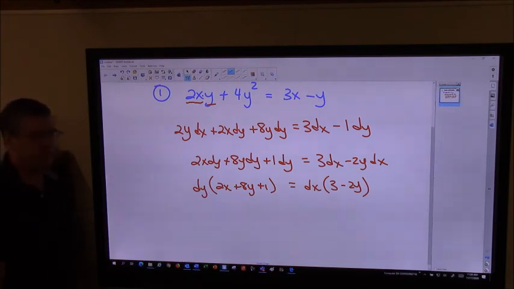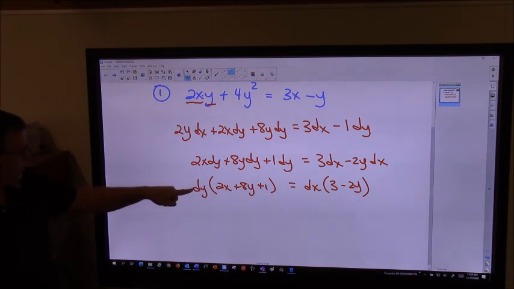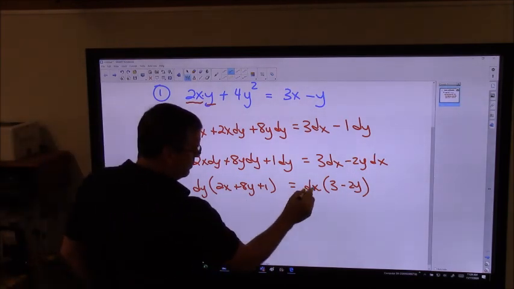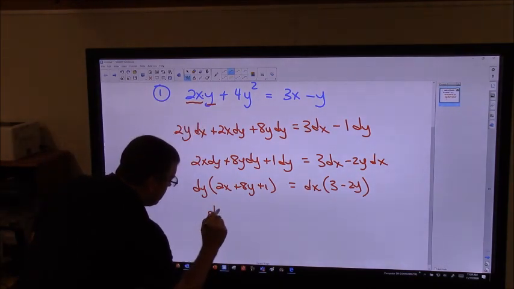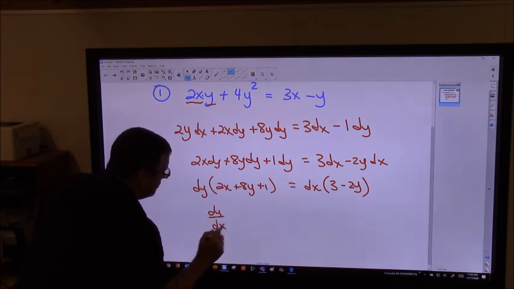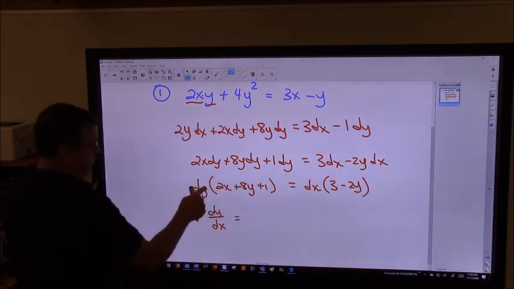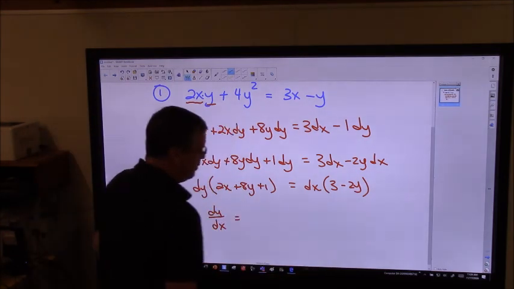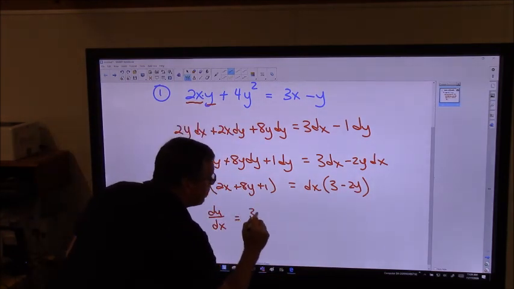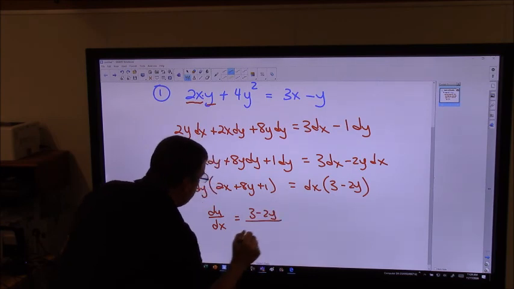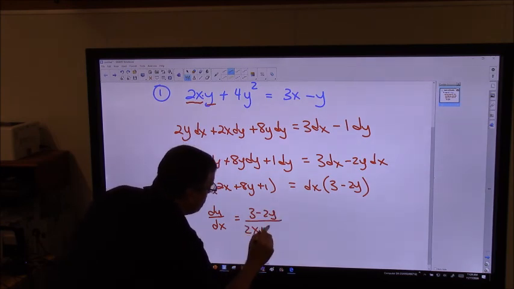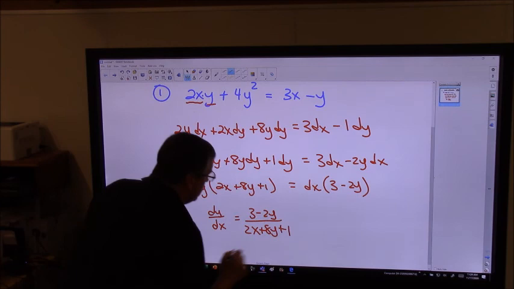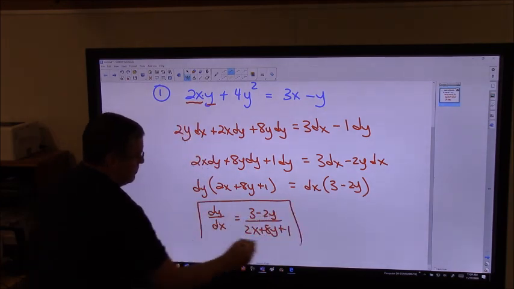And now my last step is I just want to see dy over dx. So my dy is right here. I'll bring this dx over and divide. And here I'm multiplying dy times this, so if I move this set of parentheses to the other side, I have to divide by that. So 3 minus 2y over 2x plus 8y plus 1. There's my derivative.